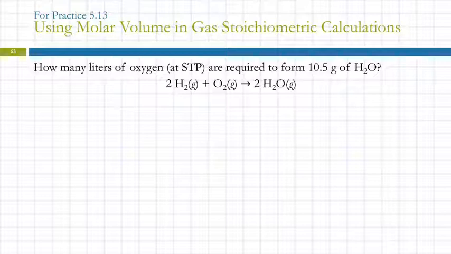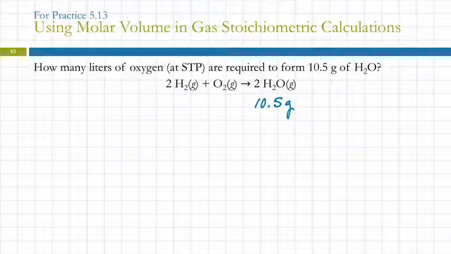Let's do another one. This is one at STP. These magic letters. How many liters of oxygen at STP are required to form 10.5 grams of water? This makes the problem much easier. So 10.5 grams of water, write that in there.